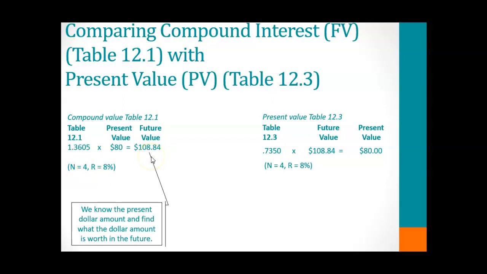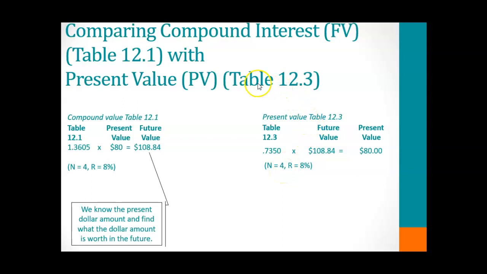So the 108.84, that's going to be the future value amount. So now we can work a little bit backwards using our present value table. And we can say, how much do I have to invest today in order to have in the account 108.84 based upon an annual interest rate of 8% and investing for 4 years?